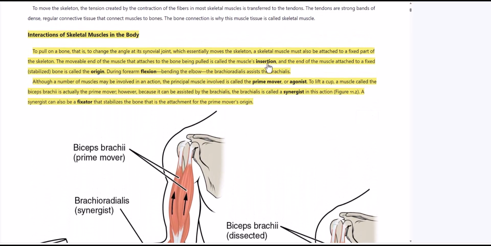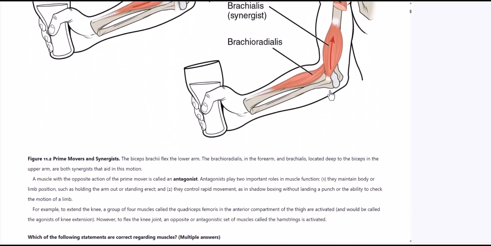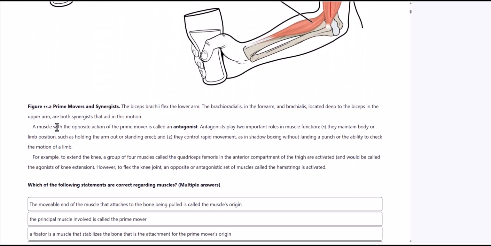So make sure you understand origin, insertion. Also, make sure you are reviewing your movements like flexion and extension. And then one more thing is that muscles have their power when they shorten. We talked about how muscles contract, one of the characteristics of muscle tissues.